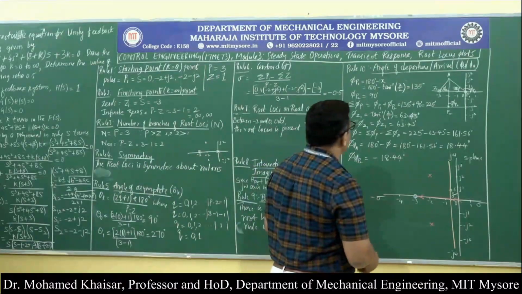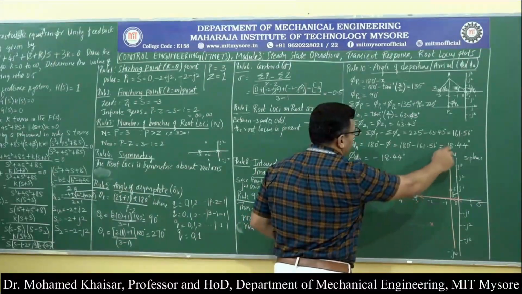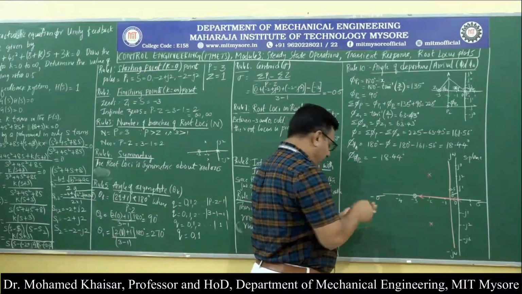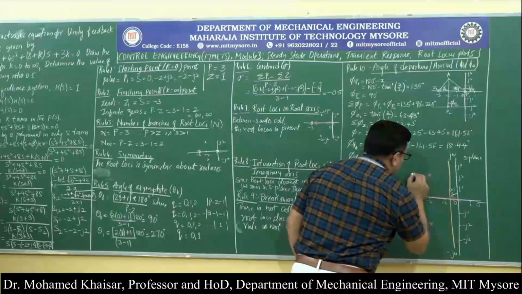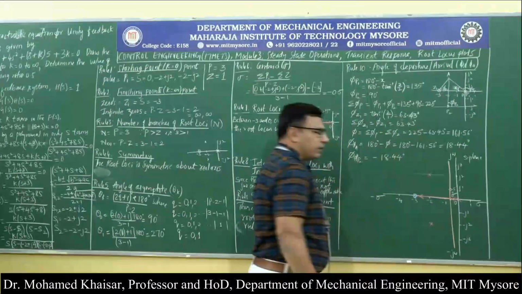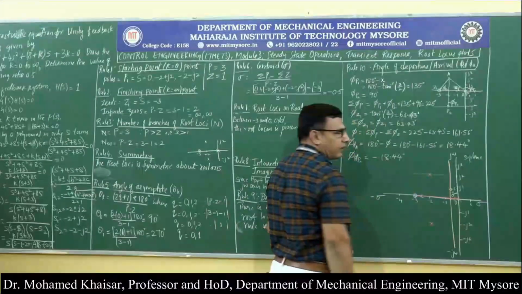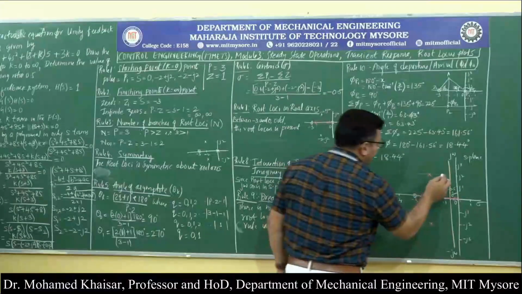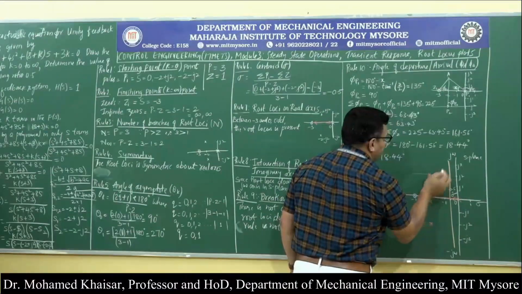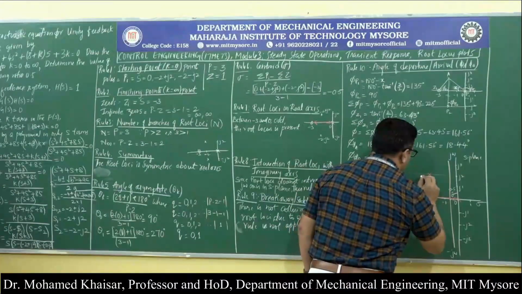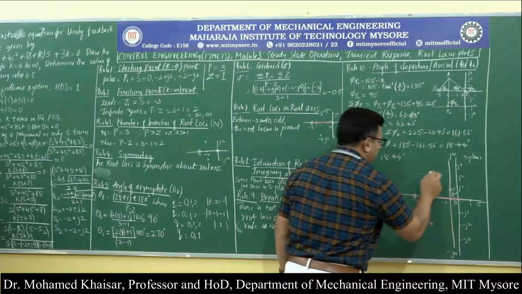Then angle of departure for this pole, the angle of departure is found to be 18.44 degrees. So from here I will write a thin horizontal line. Keep the protractor in its normal fashion. Then measure 0, 5, 10, 18 degrees. It may come along this line.